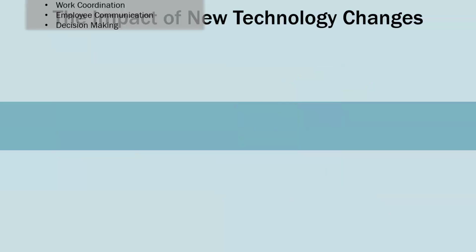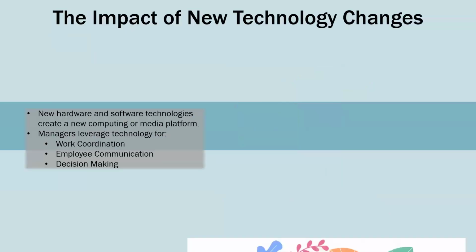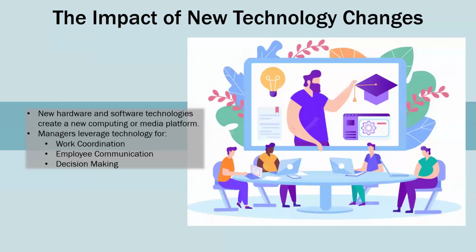So let's address that subunit with these slides that are coming through. Let's look at the impact of new technology changes, right? New hardware and software technologies create a new computing or media platform. I think you've seen that each and every year, these companies that produce hardware and software technologies upgrade their products, right?